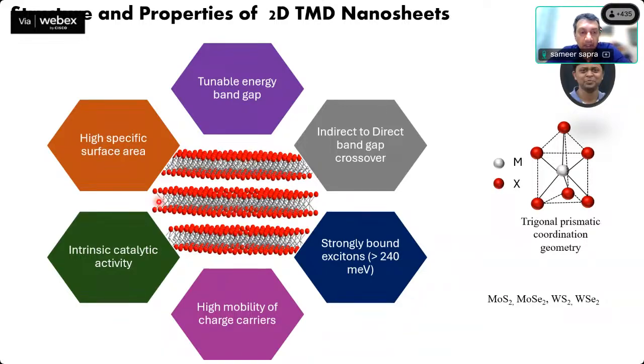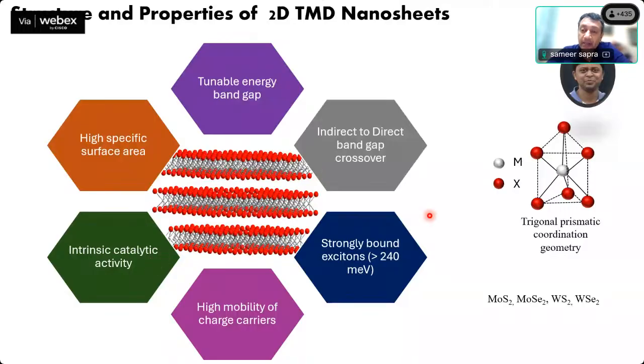The other good thing is that it has a very high specific surface area. If I exfoliate everything and make it a single monolayer, then everything is a surface, right? And because everything is a surface, and what you require for catalysis is sites on the surface, you have very good catalytic activity also.